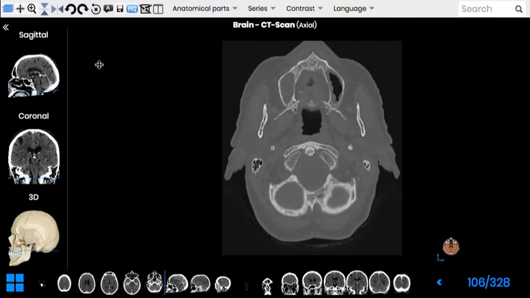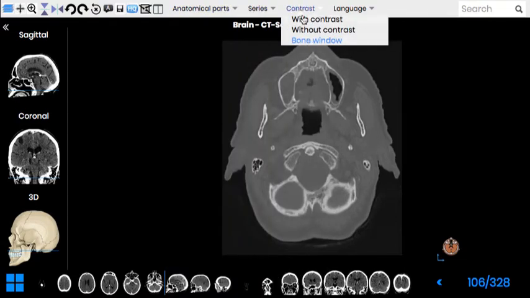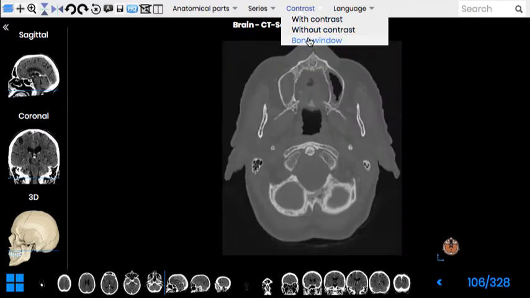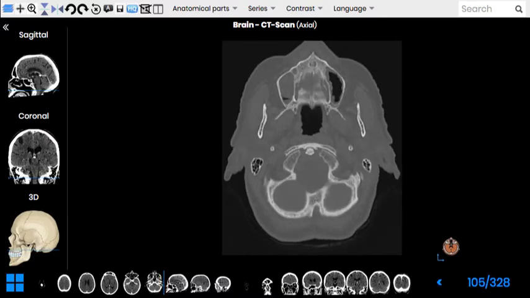This blue line shows us the level where we are. And we also can change the different windows. We can use the contrast, without contrast mode, and bone window, which is right here. So I'm in the bone window.